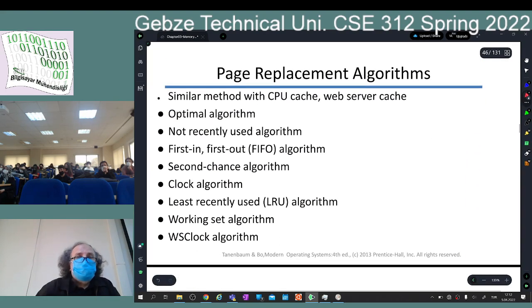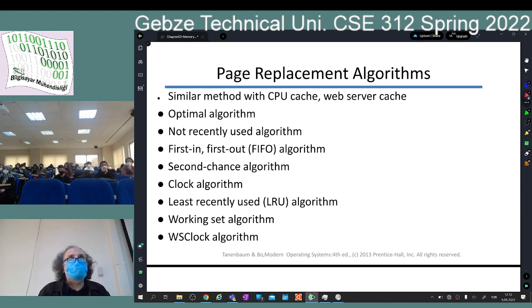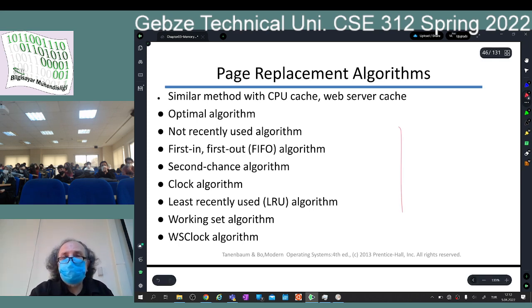Okay, so we kept talking about replacing the pages, but we did not talk about how we do that. As the operating system, we are responsible for it. Let's look at these algorithms. This is my virtual memory.